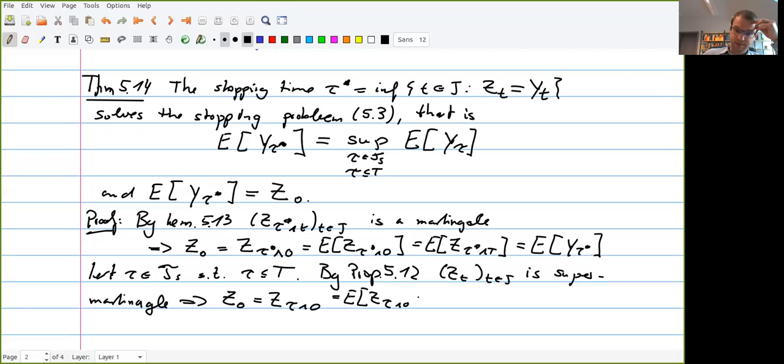But now I only have a supermartingale, so I have not the equality anymore, but an inequality.